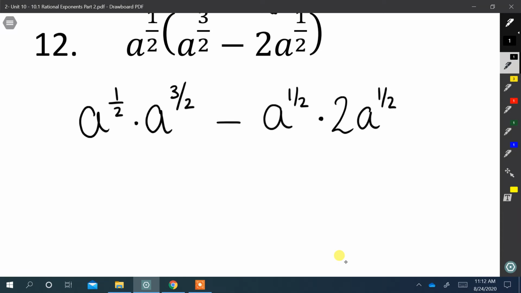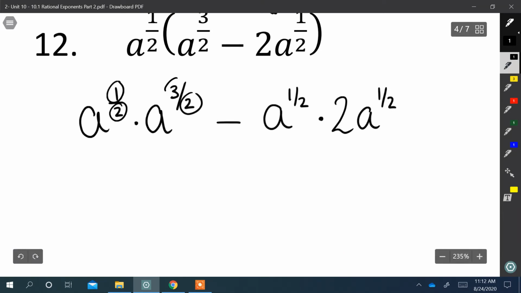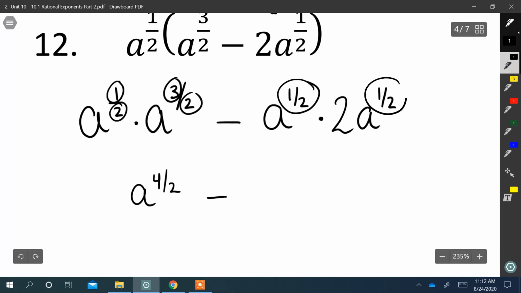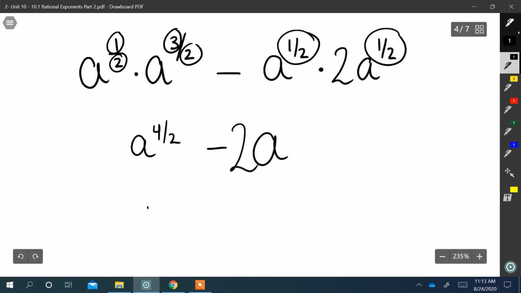Remember, since I have the same base here, what I could do is just add this and this right here. And that will give me 4 over 2 minus, and let's add this one plus this one there. That will give us just 1. Half plus half is 1. Let me put the 2 right there. Now we get a squared minus 2a as our final answer.